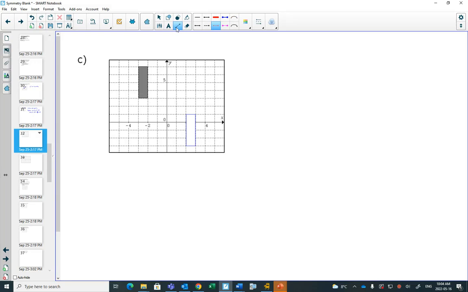So if I took this one, right, and oops. It doesn't work, does it? Because this is like 1.5 away. So 1.5 away would be there. No, it wouldn't work, right?